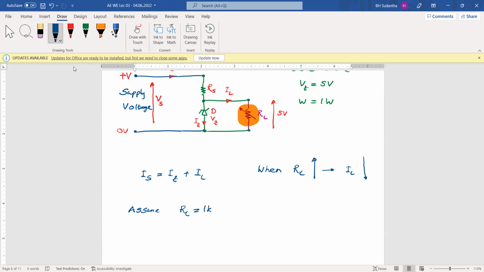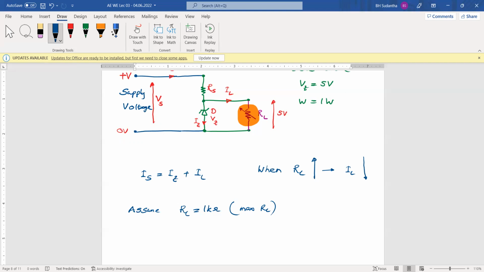Depending on that, assume that RL will be 1 kilo ohm. That is the maximum value of RL. This is maximum RL. When the maximum RL is there, we can calculate what type of current we can take from that.